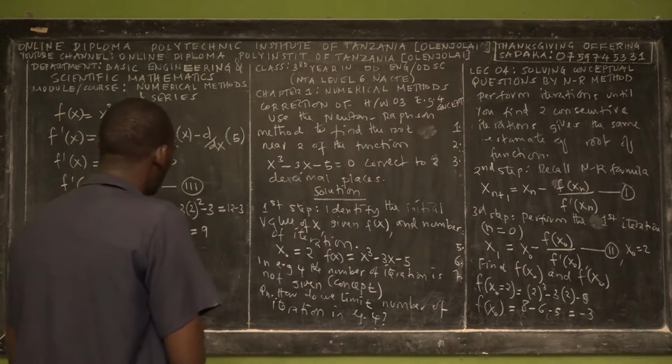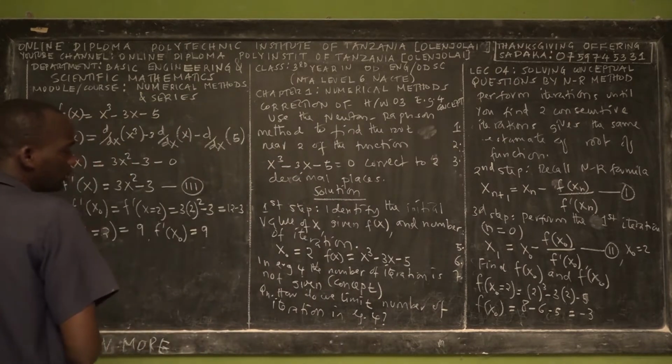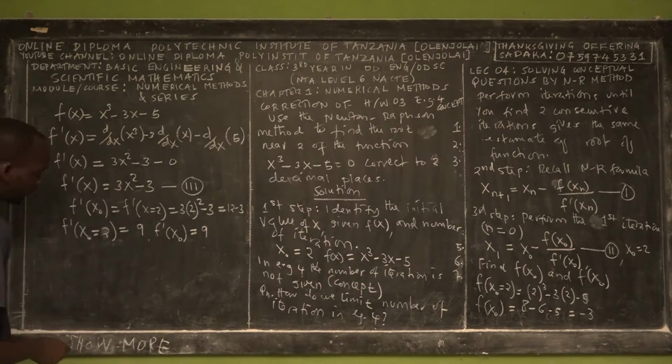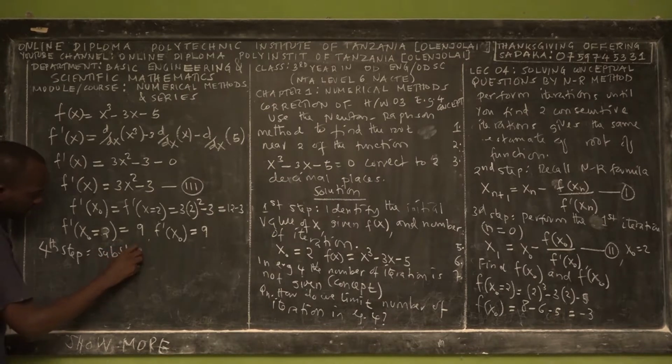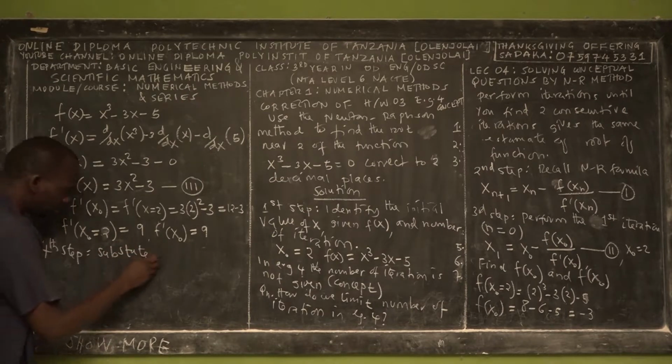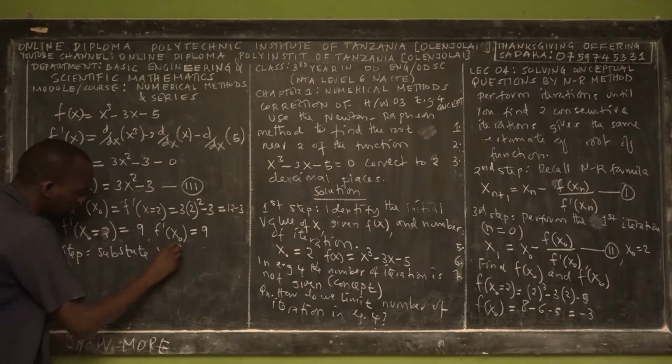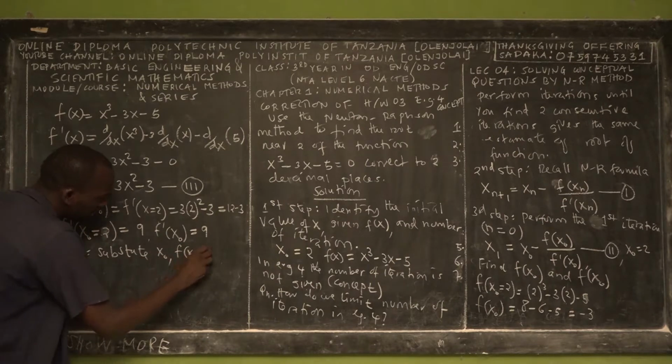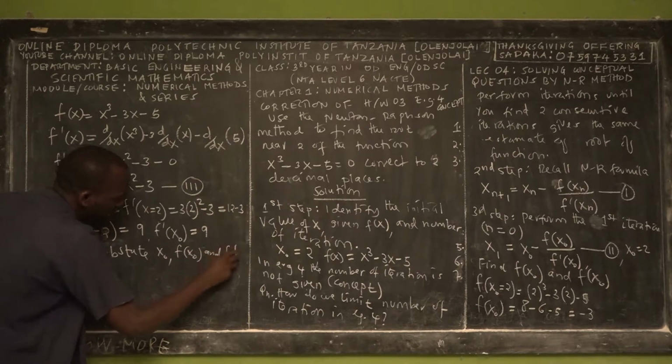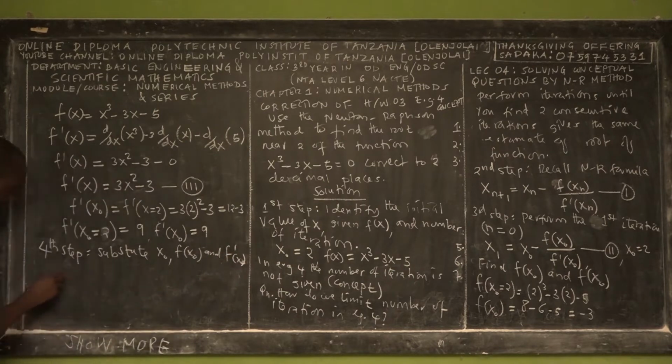Now we are looking for x1, so we have to substitute. We go into the next step, the first step, ladies and gentlemen: substitute x0, f of x0 and f dash of x0 into equation 2.